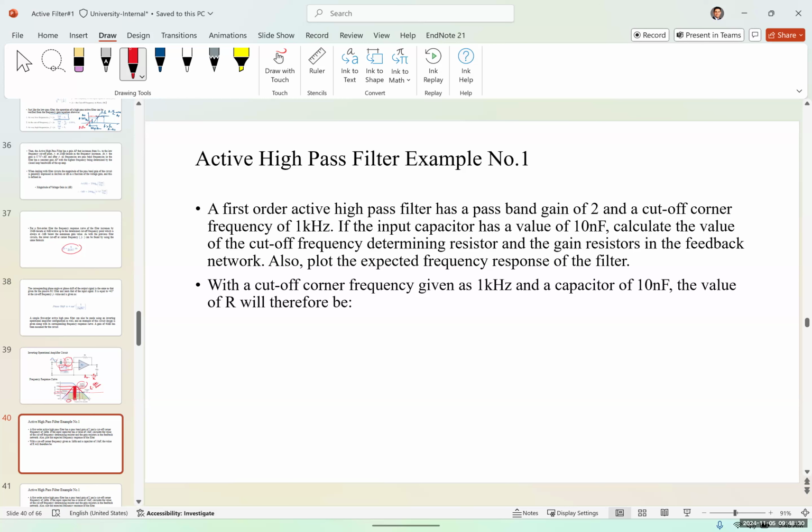If the input capacitor has a value of 10 nanofarad, calculate the value of the cutoff frequency determining resistor and the gain resistors in the feedback network. Also, we want to plot the expected frequency response of the filter with a cutoff corner frequency given as 1 kilohertz and a capacitor of 10 nanofarad. What would the value of R be?